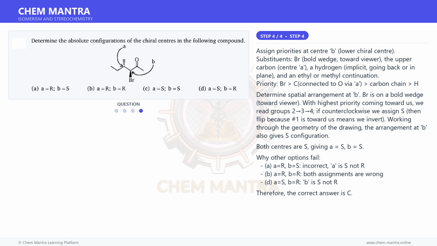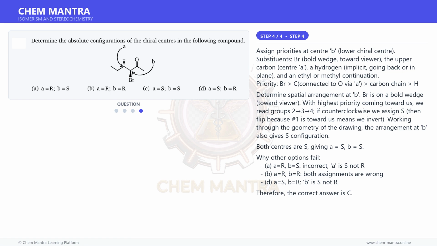And for the final step, assign priorities at center B, the lower chiral center. Substituents: Br, bold wedge, toward viewer, the upper carbon, center A, a hydrogen, implicit, going back or in plane, and an ethyl or methyl continuation. Priority: Br, C connected to O via A, carbon chain, H. Determine spatial arrangement at B. Br is on a bold wedge, toward the viewer.